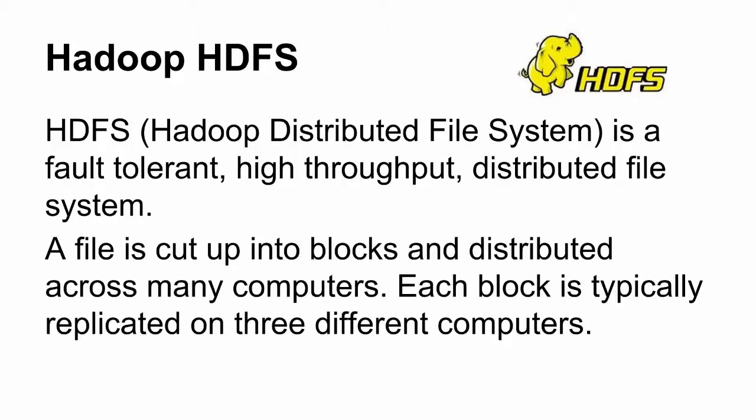And so each file is cut up into chunks, and each chunk is distributed across computers. And typically these chunks are replicated for redundancy, in case any computer crashes. And it also helps with throughput. So when reading a file, you can read it from 3 different places at once.